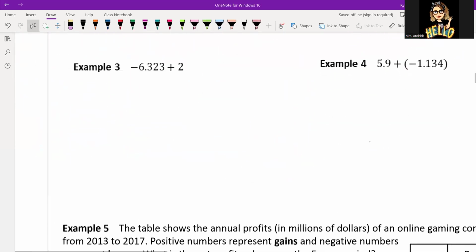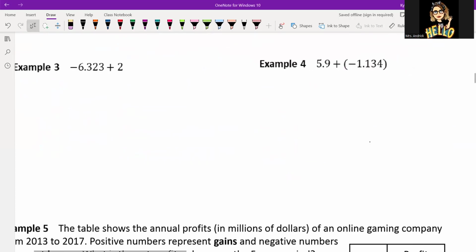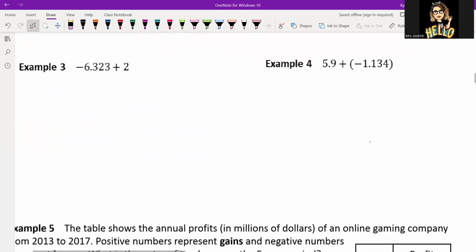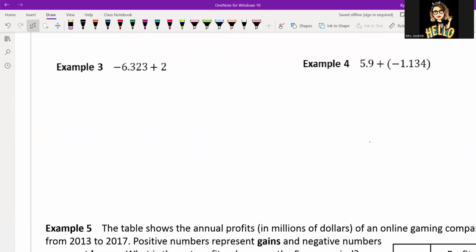So we're looking at example 3. If you're feeling confident, feel free to pause and try example 3 and 4, but I'm going to talk it through. This is your greatest absolute value, so that goes on top. And then we're looking at this plus 2.